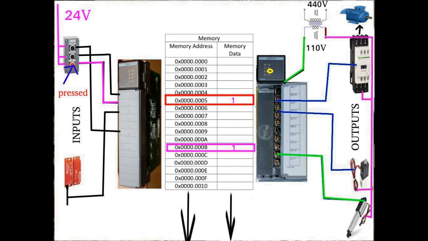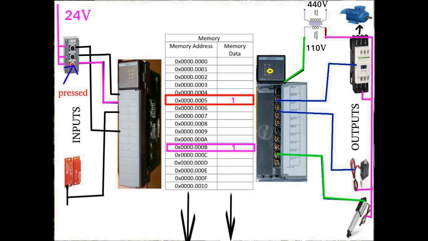I want to make sure that there is no misunderstanding. The output module gets one line of power from a transformer in this case, and when it closes contact number 6, it sends power from that same line that it took from the transformer to energize the actuator. Note that the actuator already has the other leg of power from the transformer.